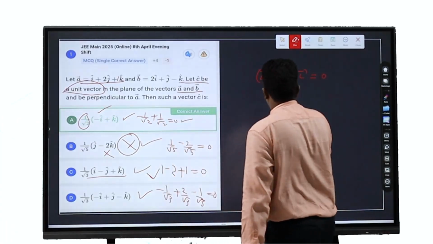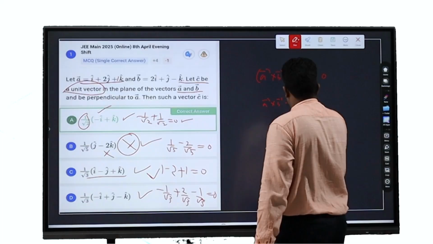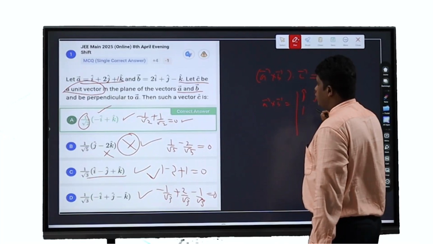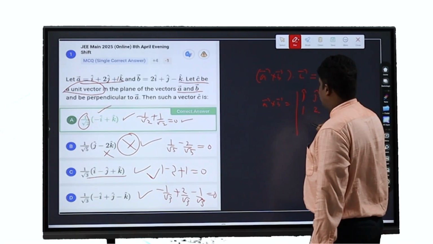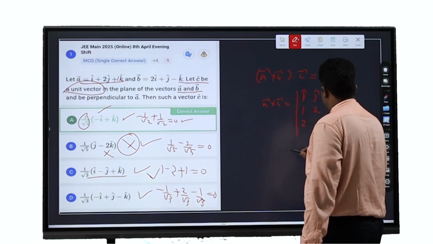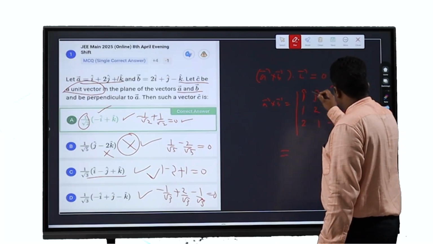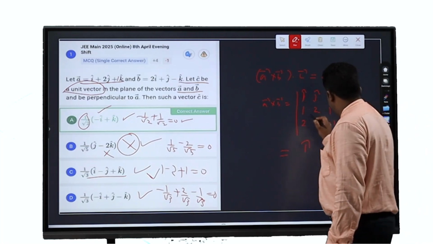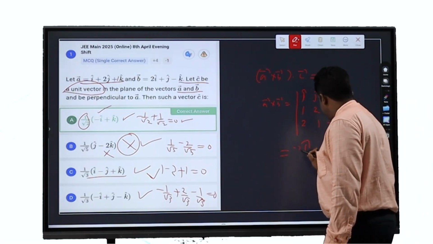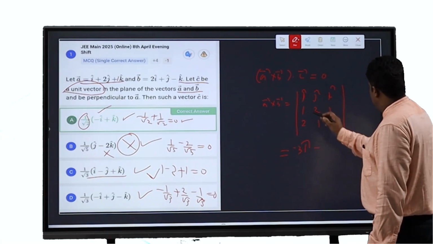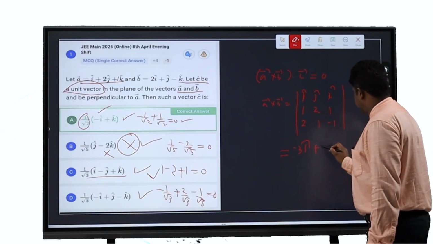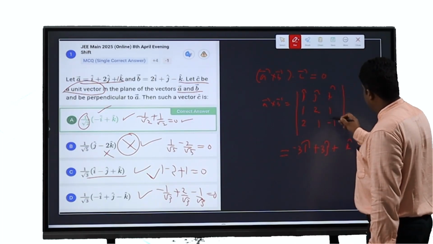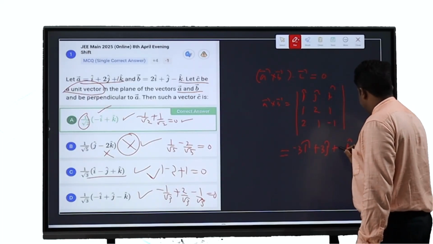So what is A cross B? A cross B is equal to the determinant of i, j, k; 1, 2, 1; 2, 1, minus 1, which is equal to i into 2 minus 1, that is minus 3i, minus j into minus 1 minus 2, that is plus 3j, plus k into 1 minus 4, that is minus 3k.